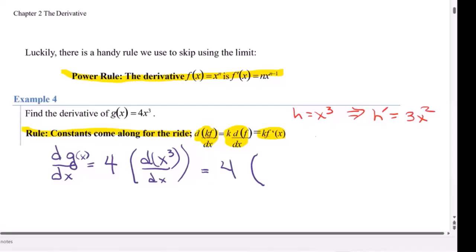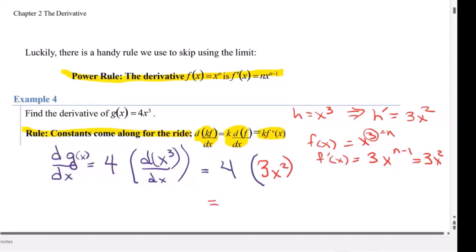Well, if I have f of x equals x to the third, then f prime of x is equal to 3, because this is n, times x to the n minus 1, which is equal to 3x squared. Okay, so then I put that in here. The derivative of x cubed is 3x squared. We get 12x squared. And that's really all there is to it. Just always take the constants out. It'll save you a lot of worry and trouble.